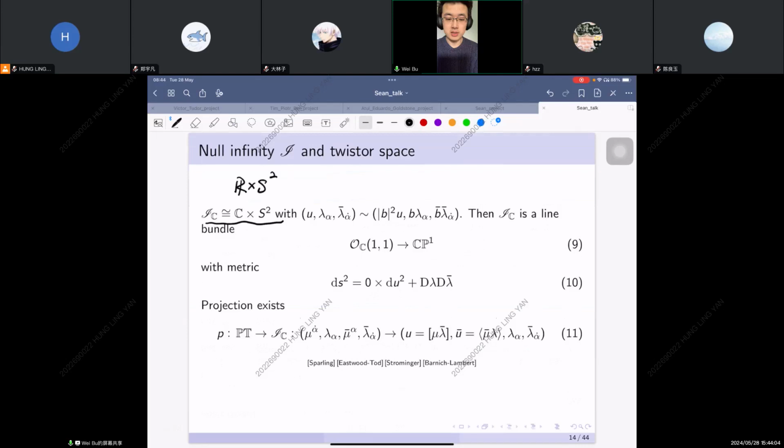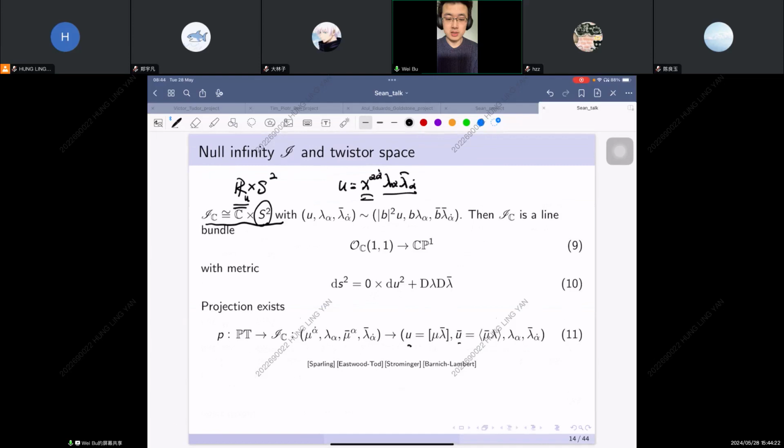remember we started with R_u cross S2. We'd like to complexify u slightly by writing u and u bar. So u is x alpha alpha dot lambda alpha lambda bar alpha dot. And lambda, lambda bar are coordinates on S2. x is the spacetime coordinate. And u bar will be the complex conjugate.